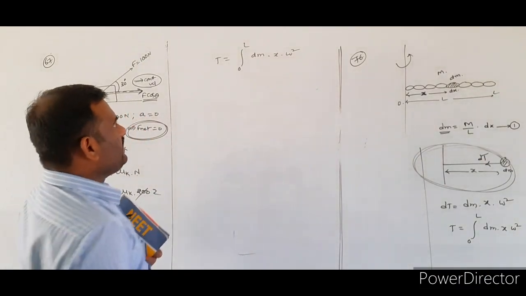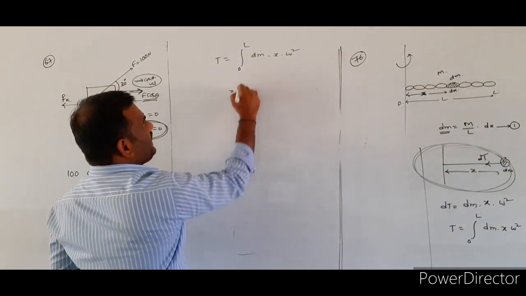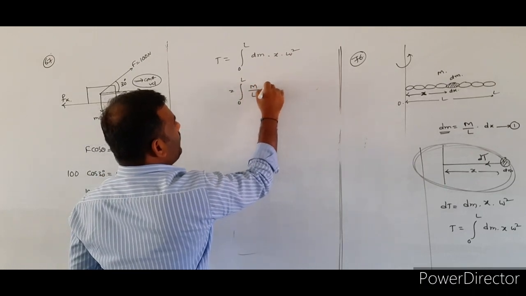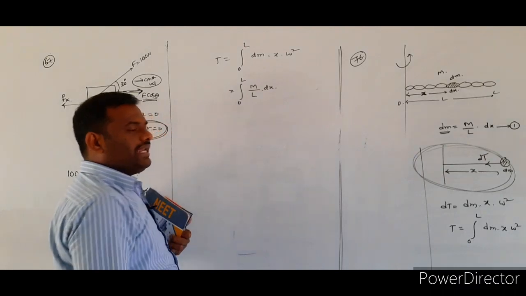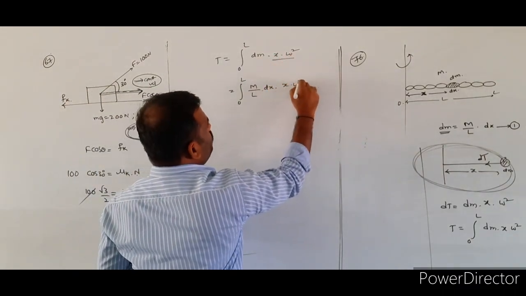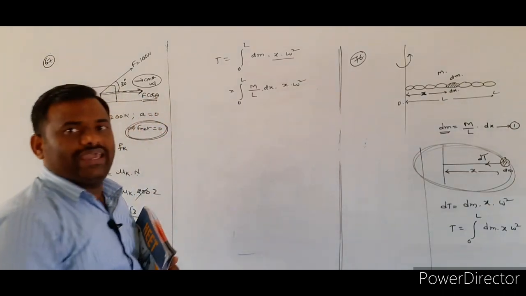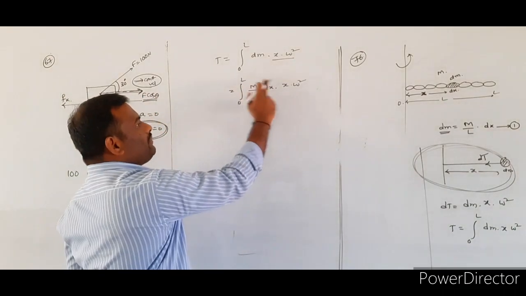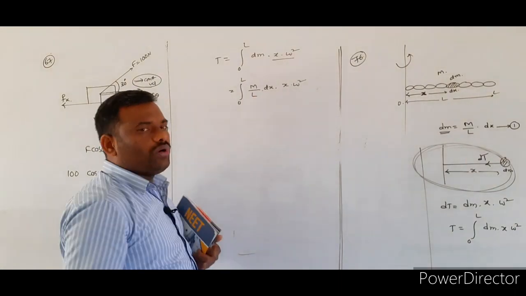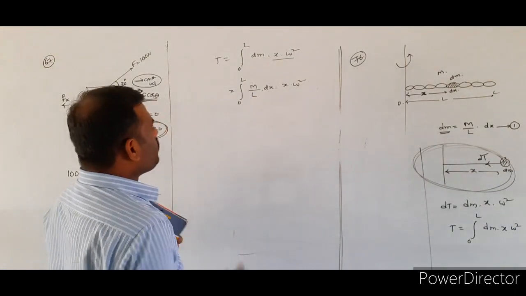Substitute the value of dm in this given equation: integral 0 to capital L, dm value is equal to M by L into dx, again this term will be there, x into omega square. Here the total mass of the chain is constant, the total length of the chain is constant, omega is also constant.